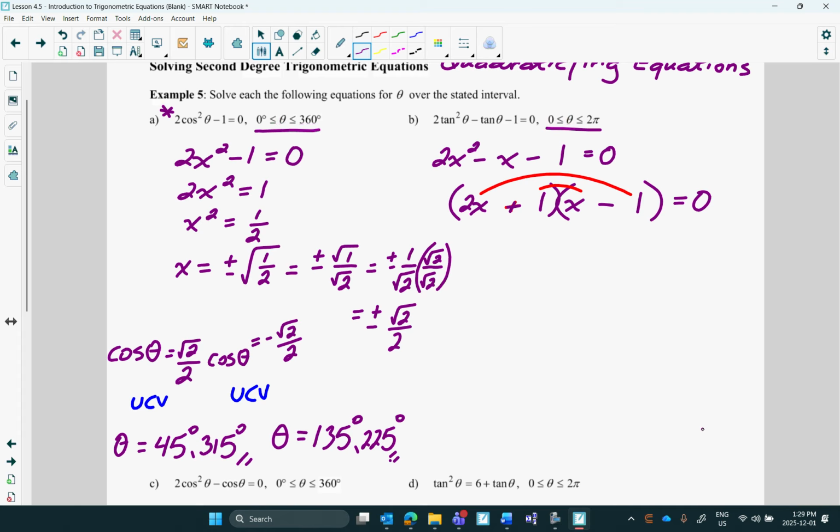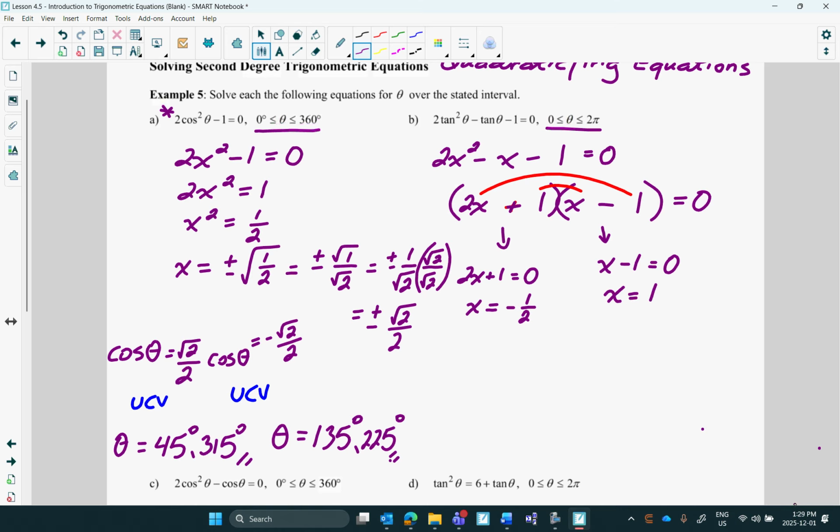And we should remember how to solve these. We take each of the factors and make them equal to 0. So 2x plus 1 equals 0. X minus 1 equals 0. So here x will equal negative 1 over 2. And here x will equal 1.